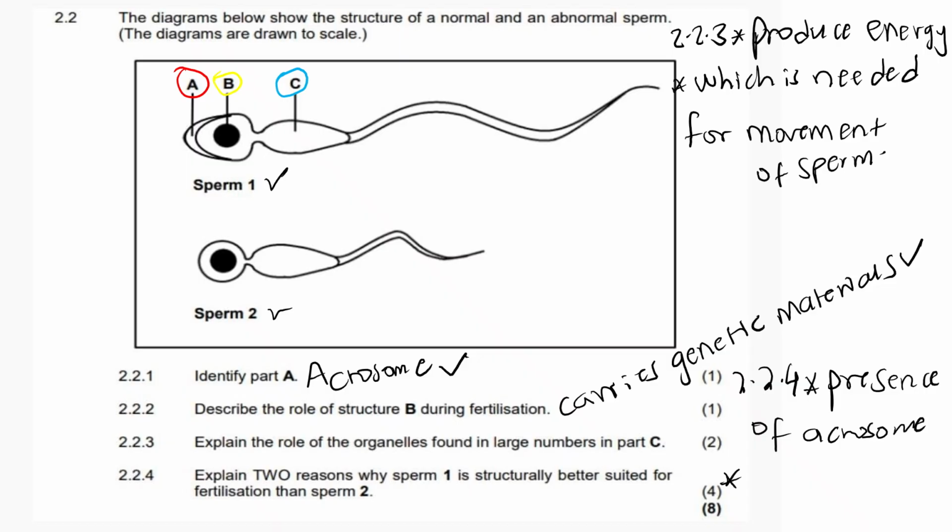On sperm 1 we also have a longer tail, and a longer tail facilitates movement. So those are the two reasons.